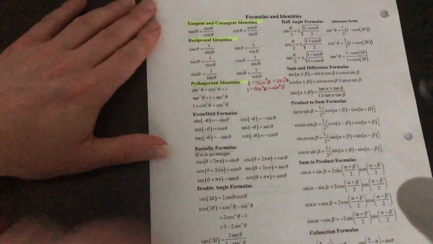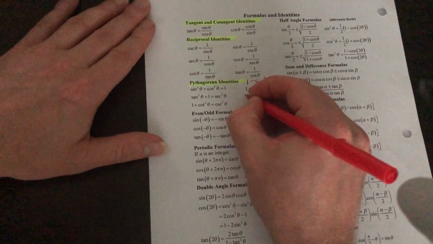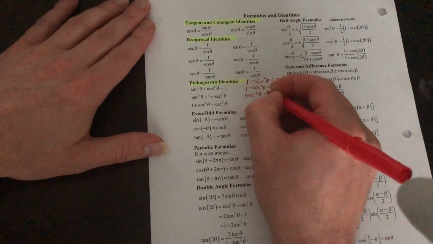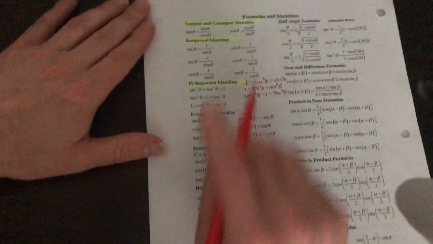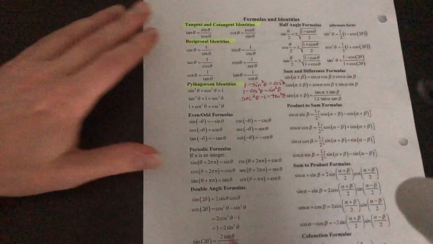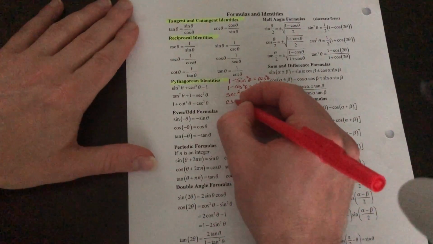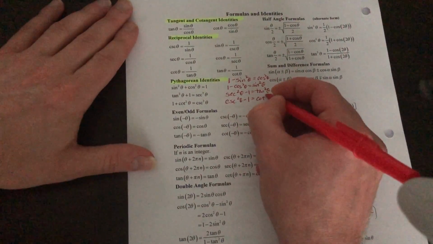I'm just solving for each of those variables. If I see secant squared theta minus 1, that's tangent squared theta. Cosecant squared theta minus 1 is equal to cotangent squared.